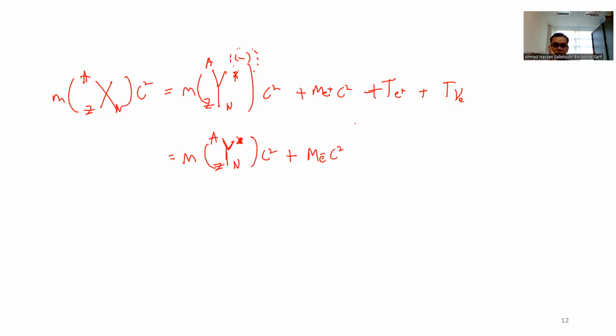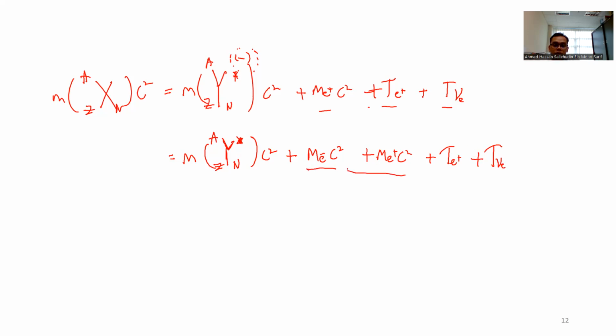This one is the positron. So the rest are following: me c square plus the kinetic energy of the positron plus the kinetic energy of the neutrino.